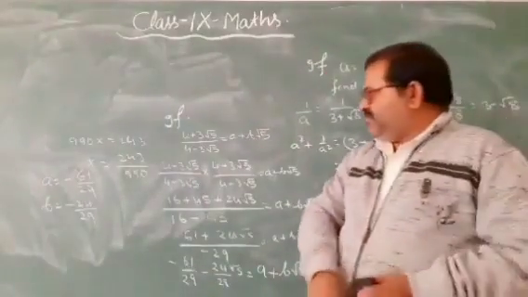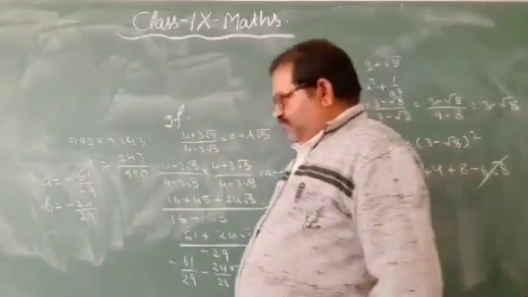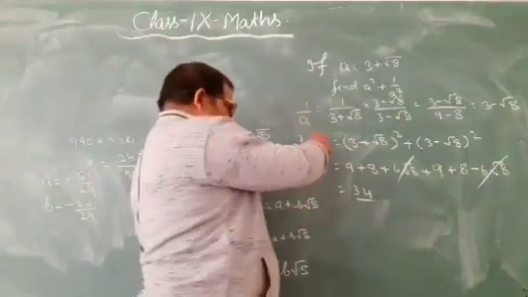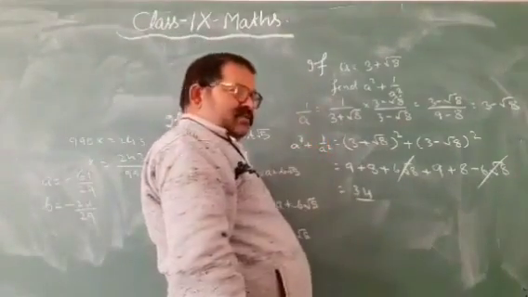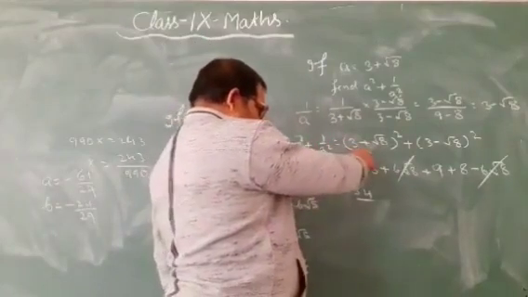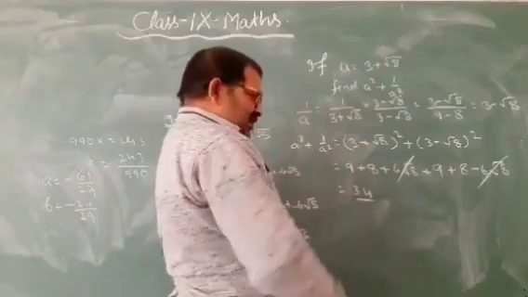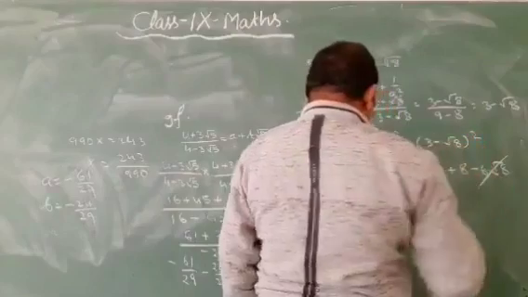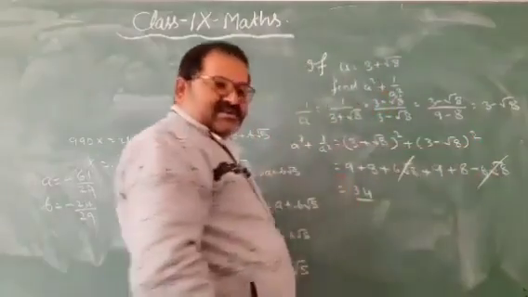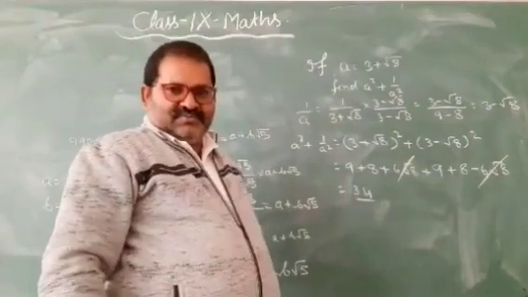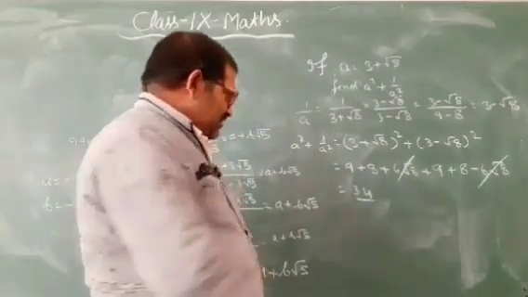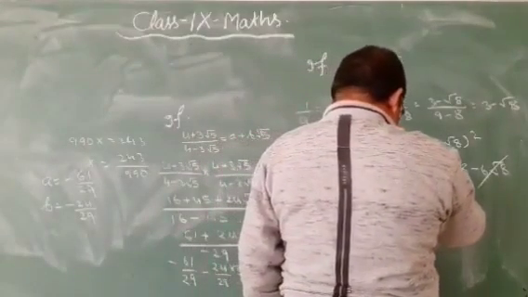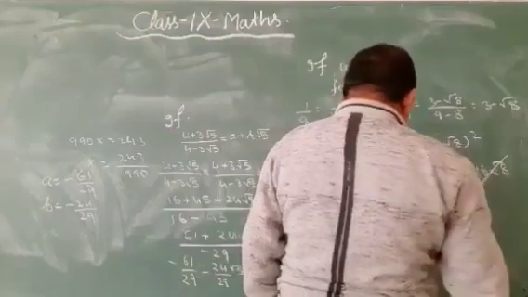So we find the value of a square plus 1 upon a square. Now the value of a is 3 plus under root 8 whole square and the value of 1 upon a is 3 minus under root 8 whole square. We simplify the value of this to get 9 plus 8 plus 6 under root 8 plus 9 plus 8 minus 6 under root 8.